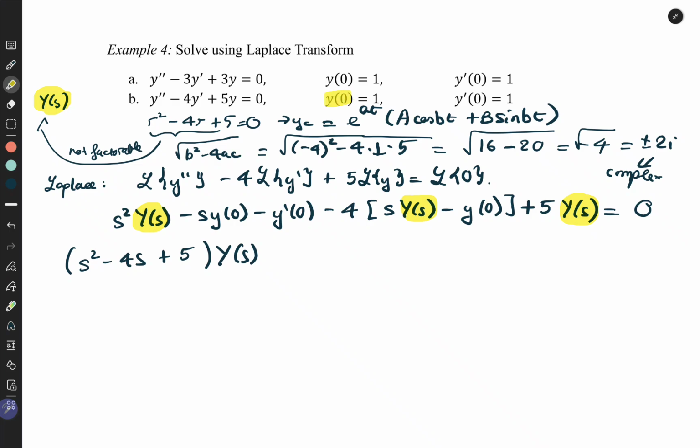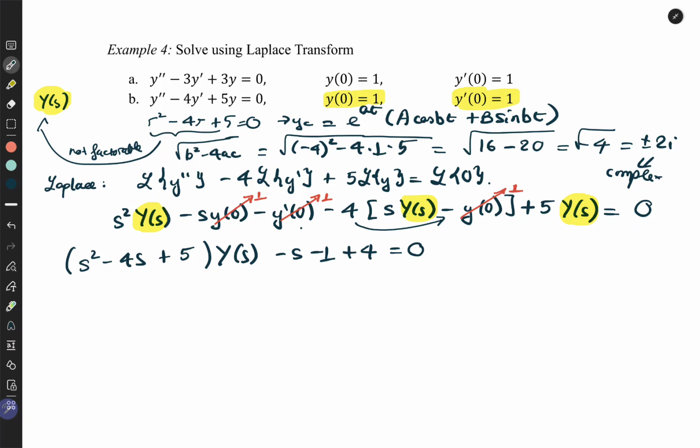Apply the initial conditions y(0) equals 1, y prime of 0 also equals 1. So this term is 1, this is also 1, another 1 right here. So this turns out we have negative s, minus 1 first, and then negative 4 times negative 1 is plus 4, equals 0.